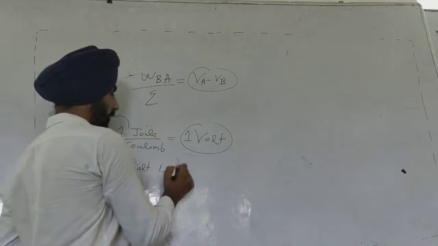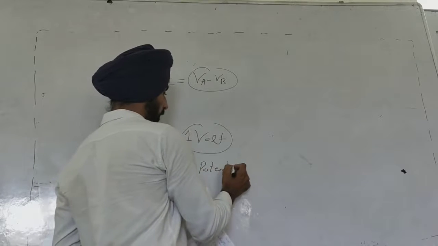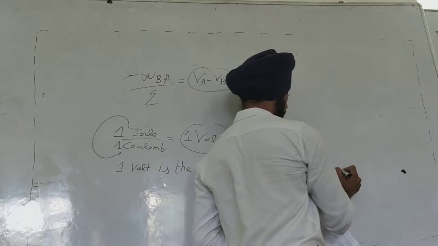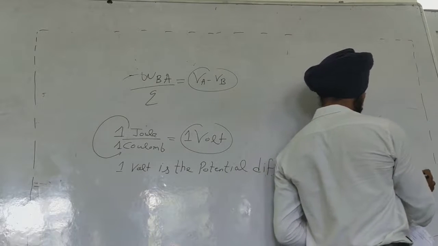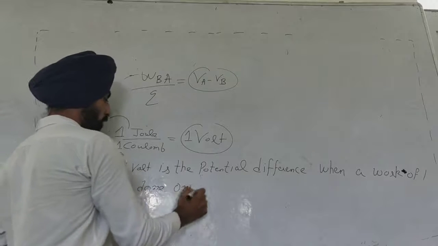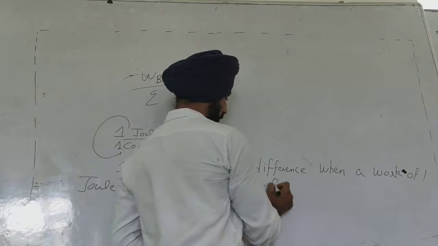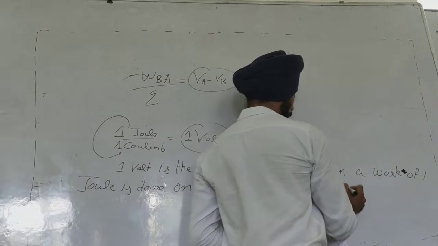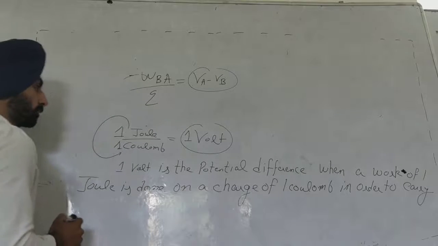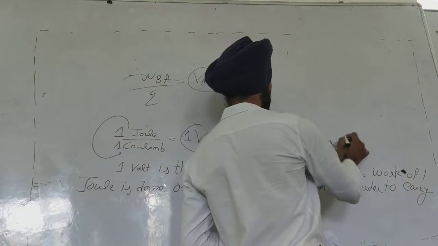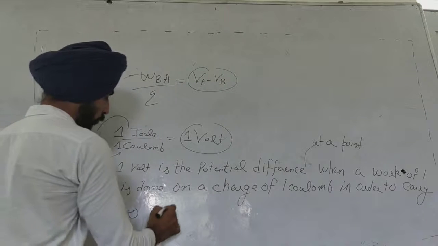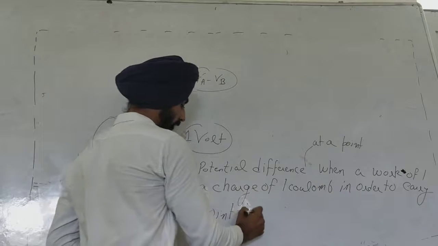So 1 volt is the potential difference when a work of 1 joule is done on a charge of 1 coulomb in order to carry it from infinity to a point in the electric field.